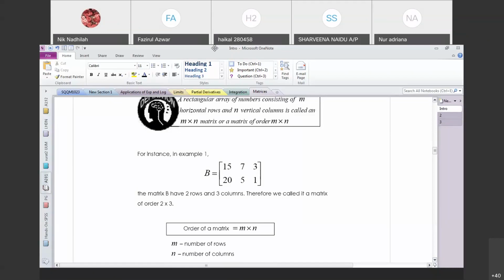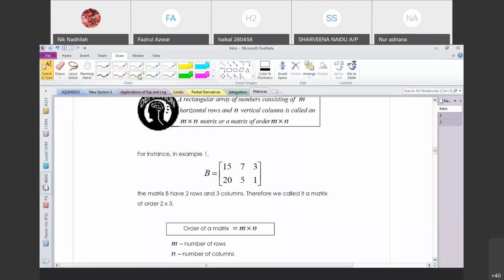It's also quite common to write the order of the matrix something like this: B is a 2 by 3 matrix.